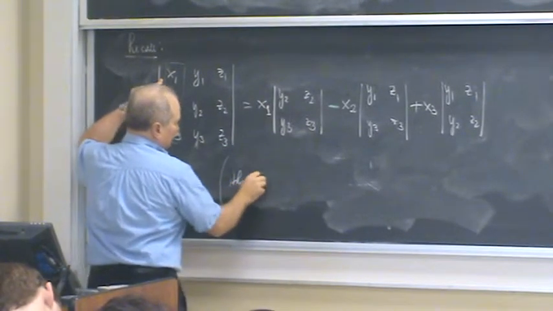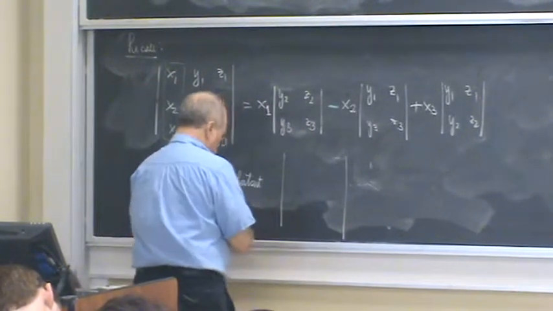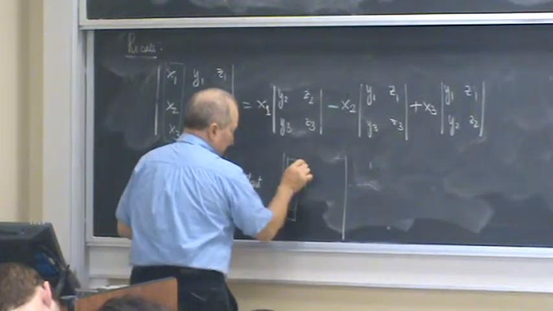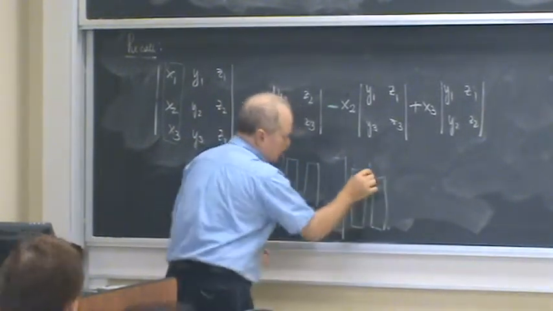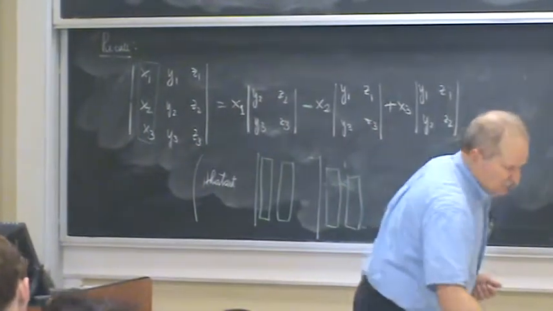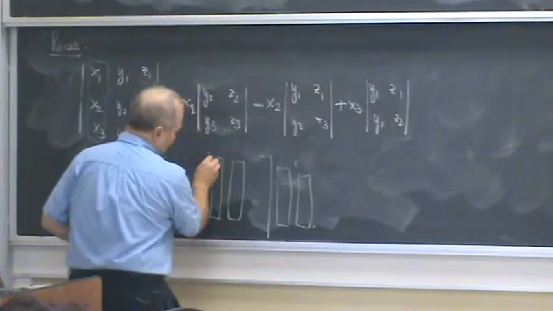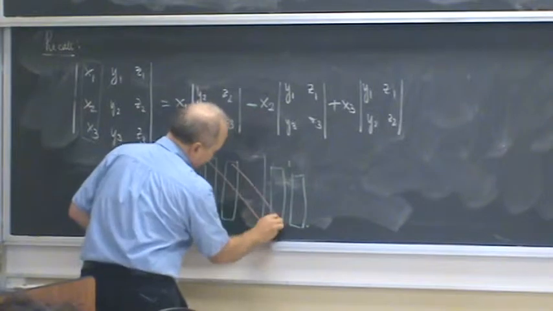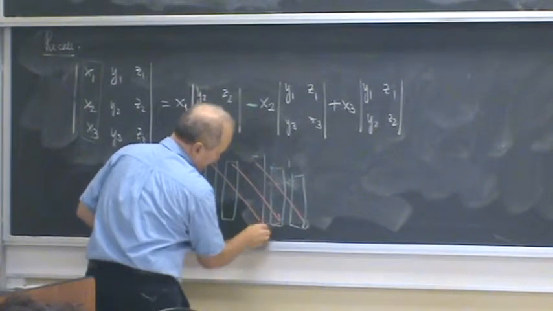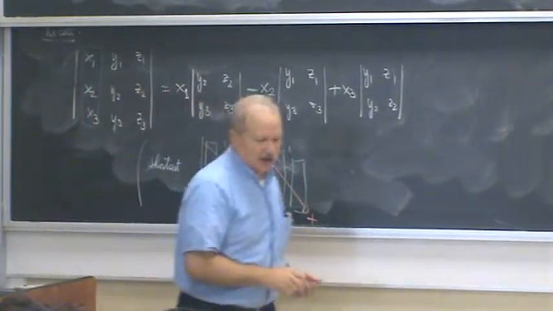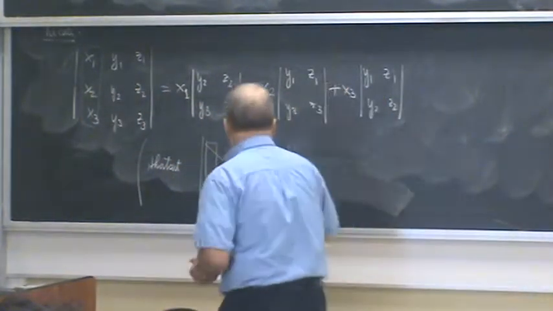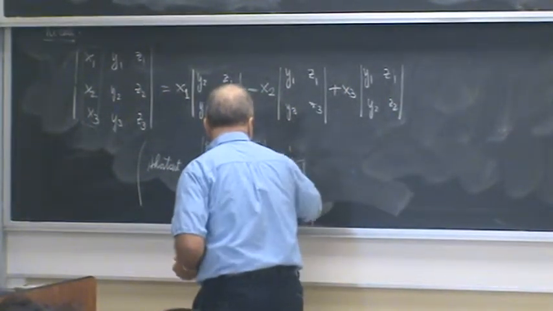which you can do by copying down the first 2 columns yet again on this side, and then take products going down to the right, like this, and then up to the left, like this.